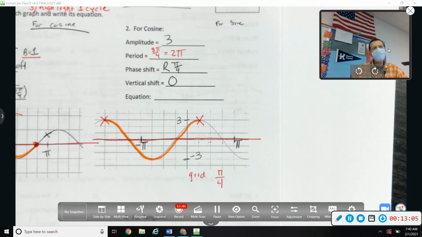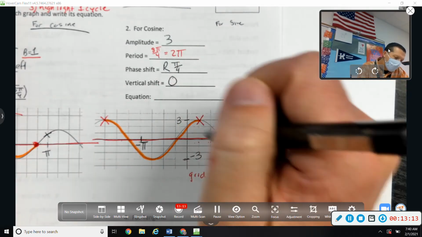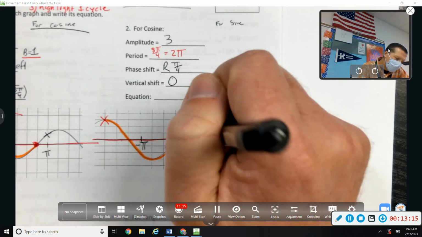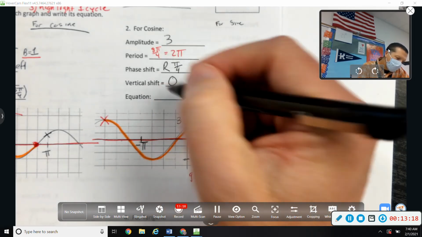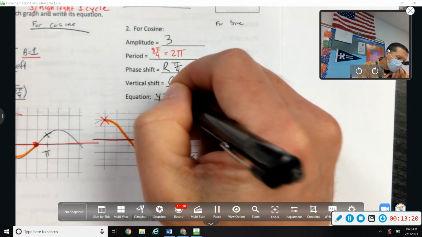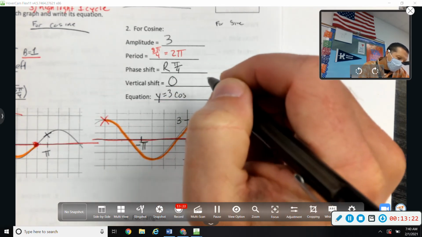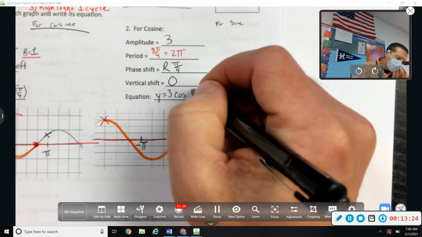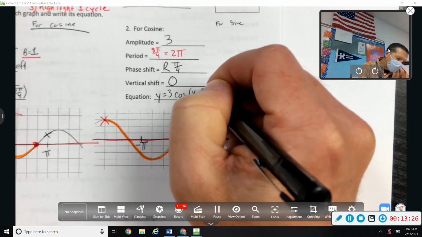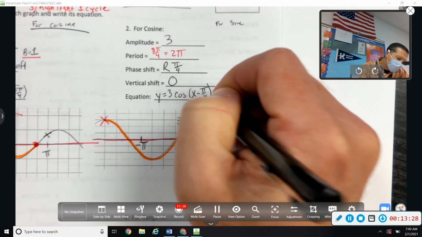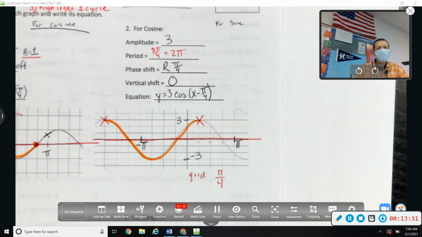And so this is one where my key for this test is going to have 4 or 5 different answers depending on what combination of phase shifts you picked. So we've got everything. So y equals 3 cosine of b is 1, x minus pi over 4, and no vertical shift.